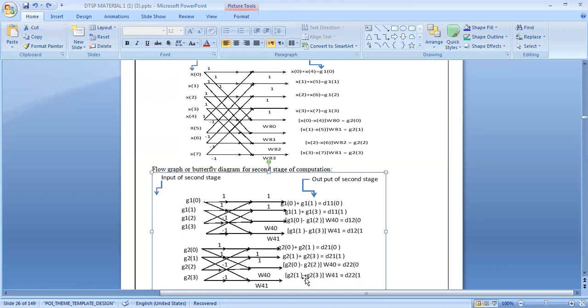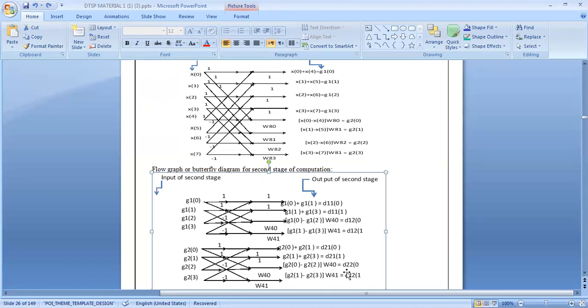In the subtraction case, we make the subtraction and multiply with the twiddle factor. For the output of the second stage, let me assume D11 of 0, D11 of 1, D12 of 0, D12 of 1, D21 of 0, D21 of 1, D22 of 0, D22 of 1.